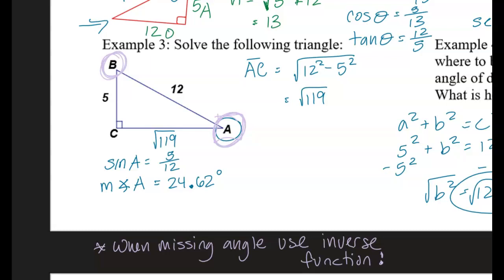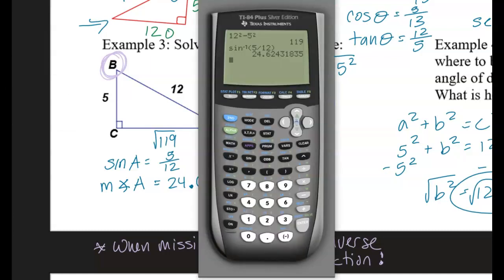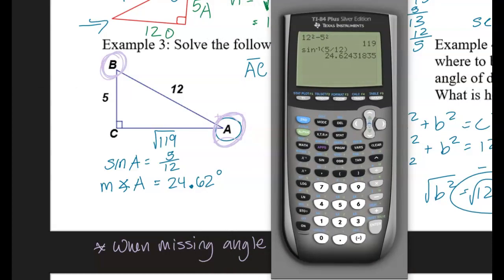Let me show you guys. Cosine is adjacent over hypotenuse. Our adjacent side here is the square root of 119.